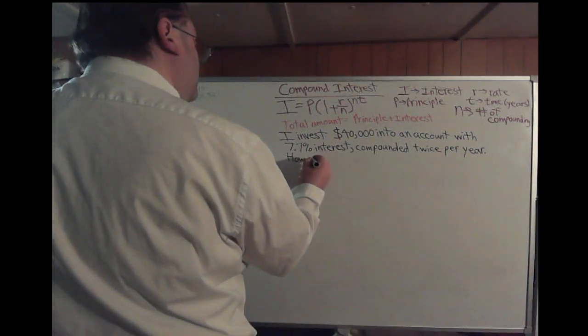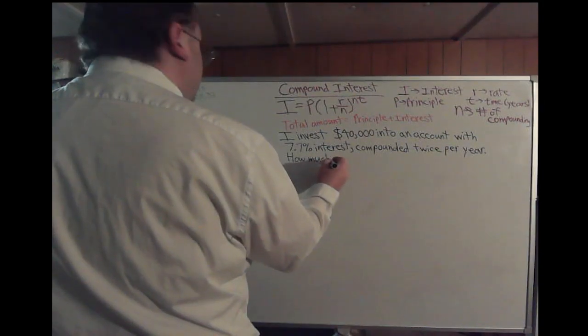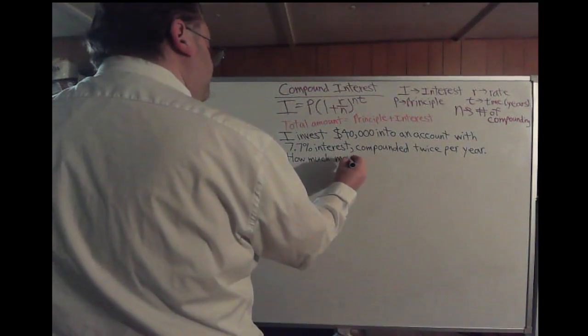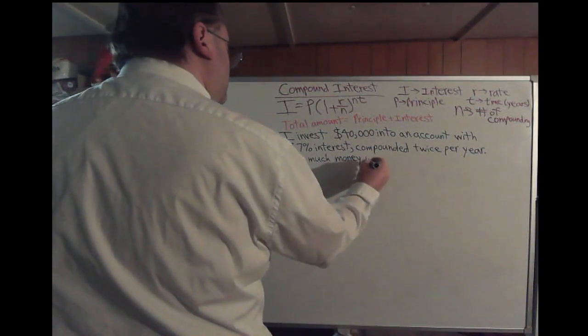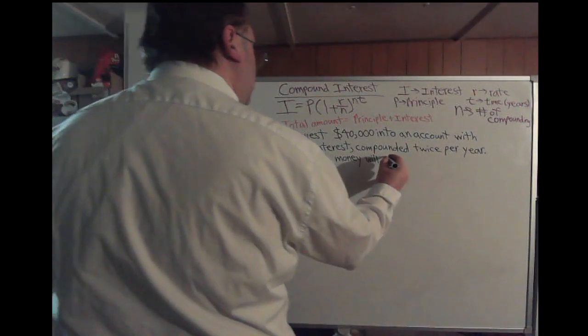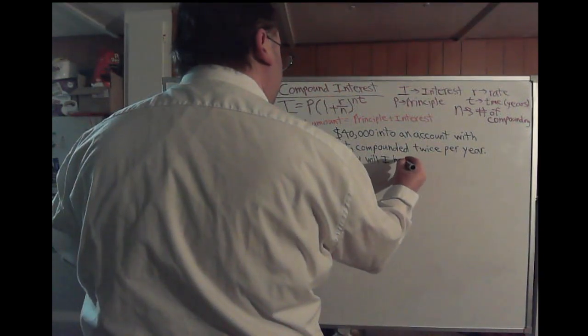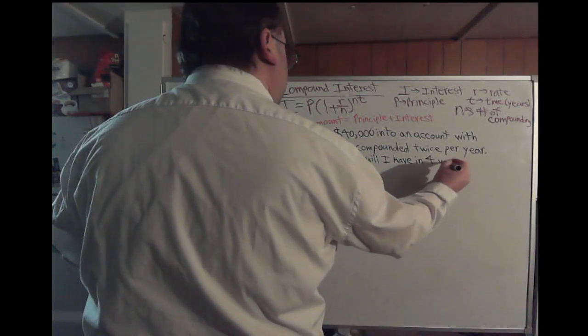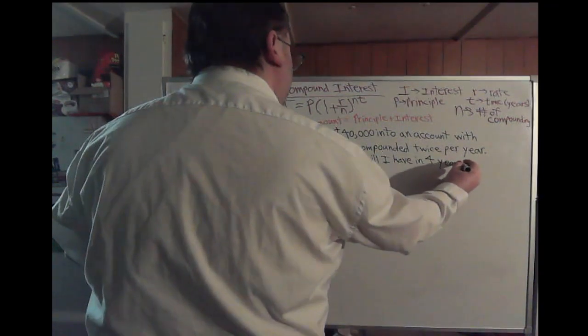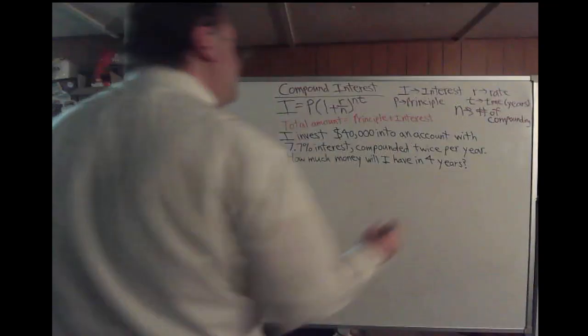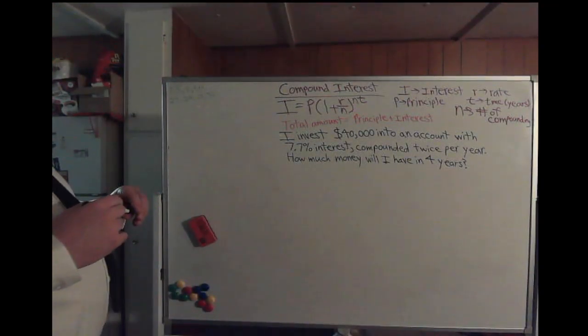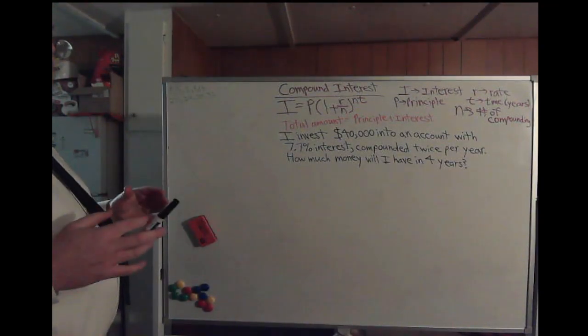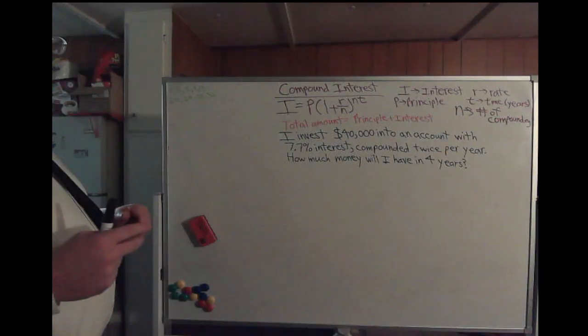How much money will I have in 4 years? All right, so I invest $40,000 into an account with 7.7% interest, compounded twice per year.